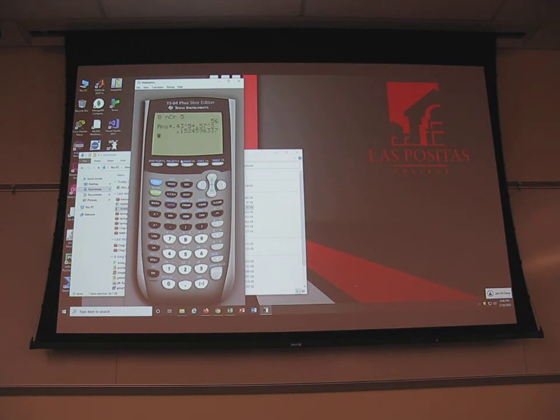You could have just done second vars down to binom PDF and put in n 8, comma, little p 0.43, comma, x 5, and it'll give you the exact same thing. So you get the same number either way.